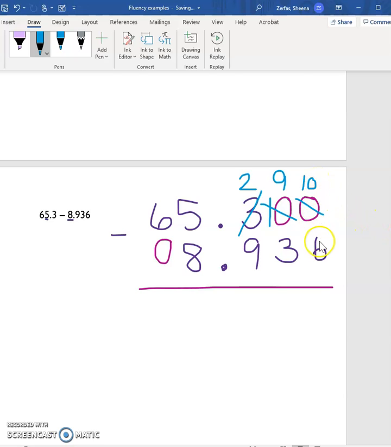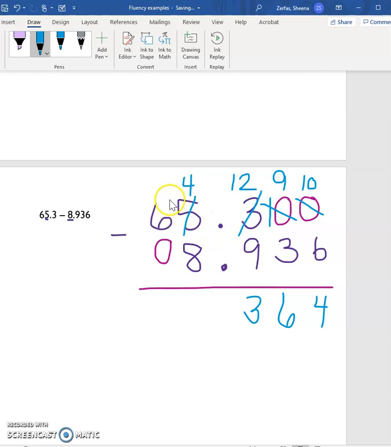The top number 10 minus 6 is 4. 9 minus 3 is 6. Again, now I'm going to try to take 9 away from 2, which is too much. So I regroup from the 5, carrying the 1, so now 2 becomes 12. 12 minus 9 is 3.